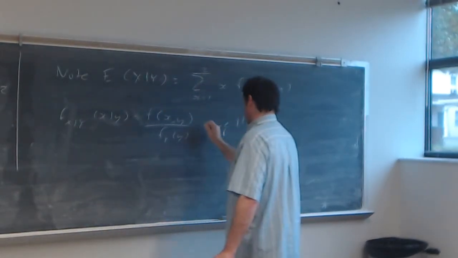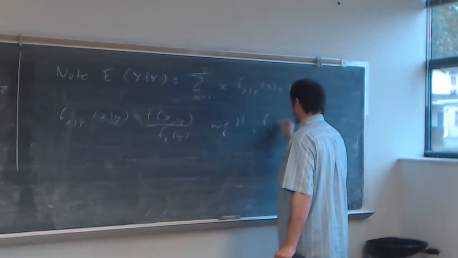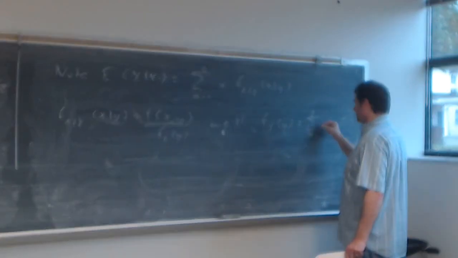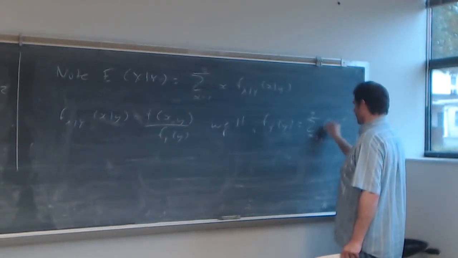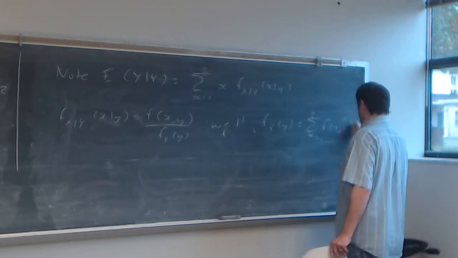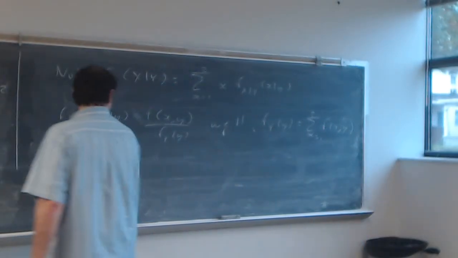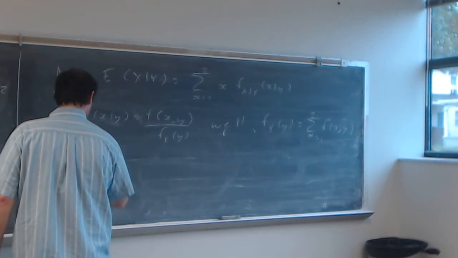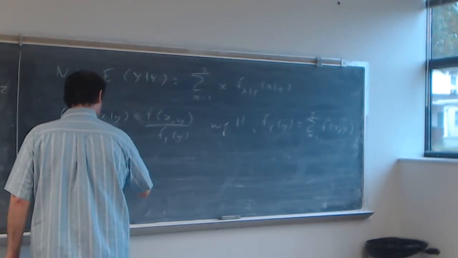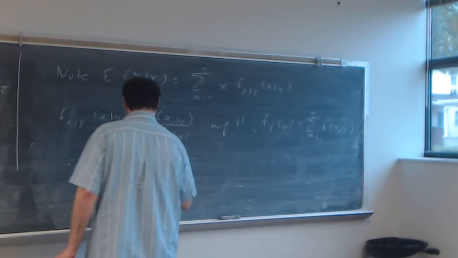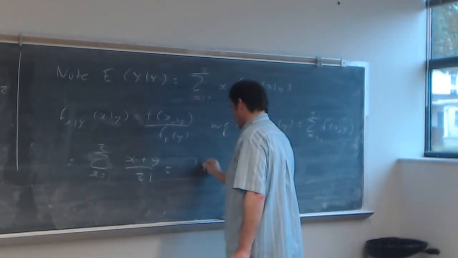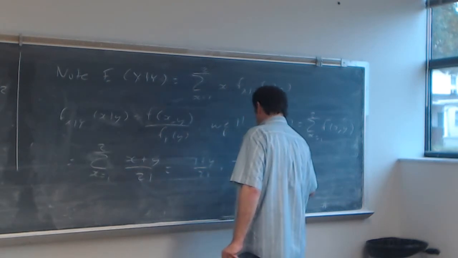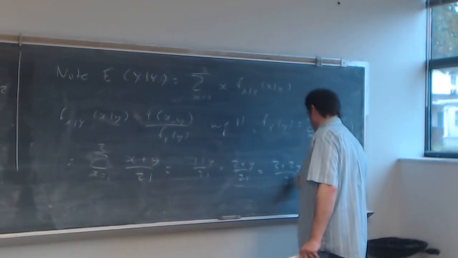I'm going to do this again very quickly. f sub y of y is the sum over the x values, the 1 and 2, of the joint f of x comma y. So as x runs from 1 to 2, it's x plus y over 21, so that's 1 plus y over 21 plus 2 plus y over 21. This ends up being 3 plus 2y over 21.